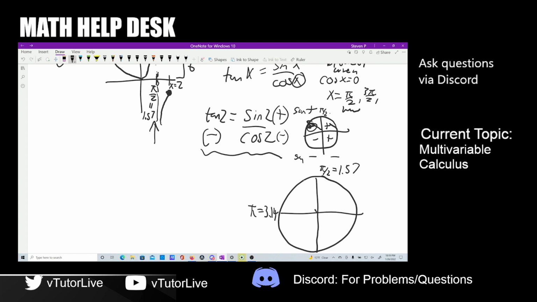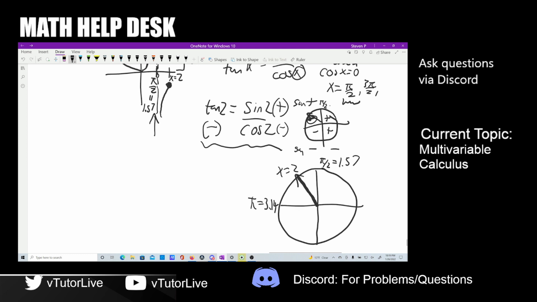That means that 2 radians is going to be somewhere in this quadrant. And just from memory, we know that in this quadrant, sine is positive, but cosine is negative. Does that make sense?